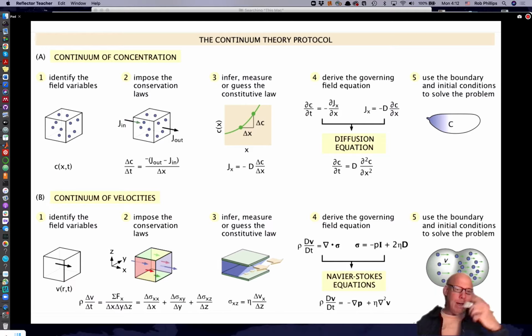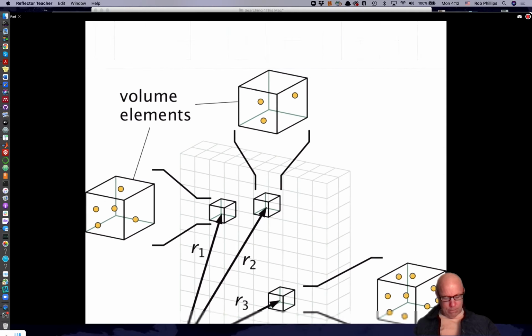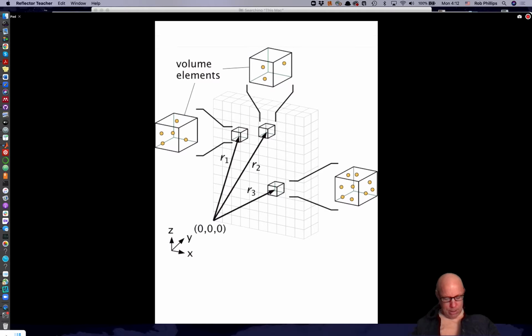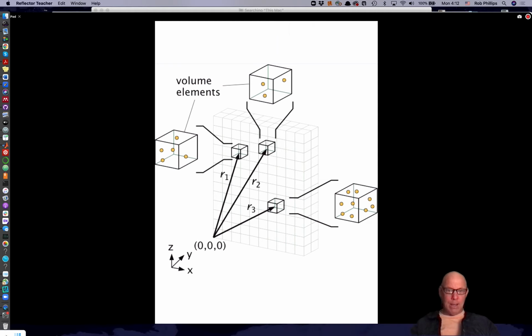You'll recall that at every point in space, we could define a field, which is the concentration. The way that you should think of that is that we visit a particular point, let's call the point R1, and we ask ourselves in a little material volume element, which is represented by this cube, how many molecules are there, and then we divide by the volume of that element. That gives us the concentration.